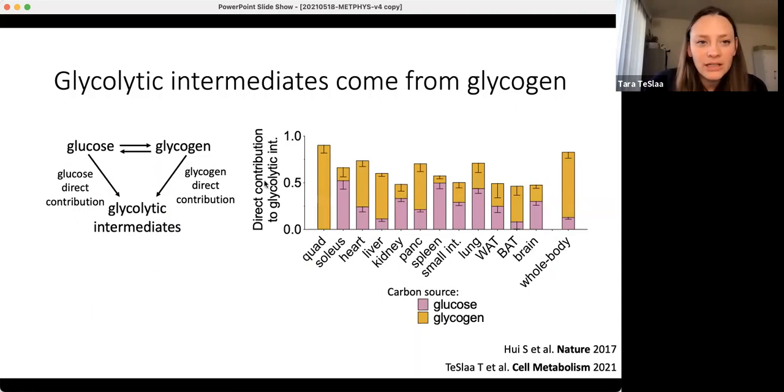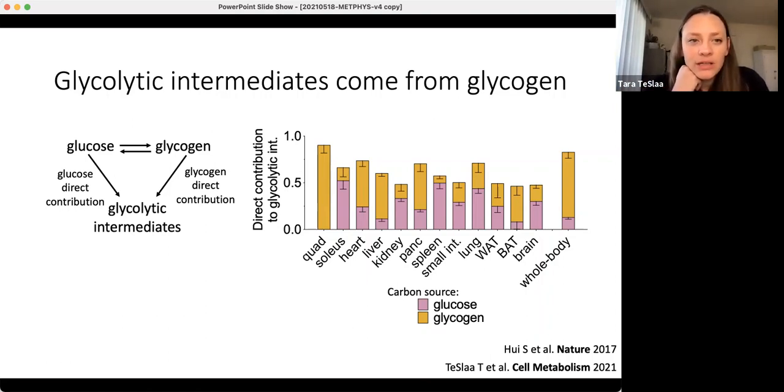So the most striking tissues are, of course, the quadriceps, which gets almost all of its glycolytic intermediate from glycogen, and the soleus, which is a red muscle, which gets the majority of its glycolytic intermediate from circulating glucose. And then the rest of the tissues are somewhere in between those two.